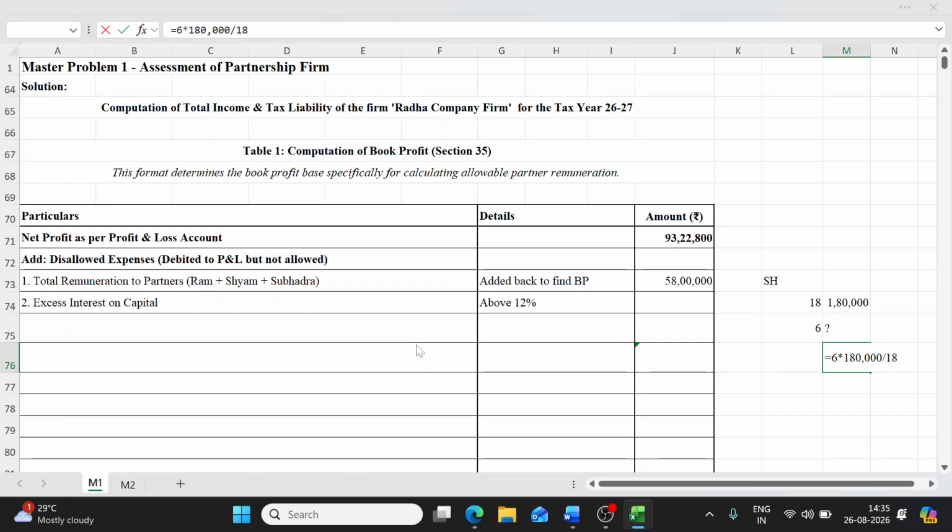We get the figure corresponding to the excess interest, that is rupees 60,000. So out of 1,80,000, 60,000 is the interest paid extra, which is completely disallowed. This is the calculation for Sham.